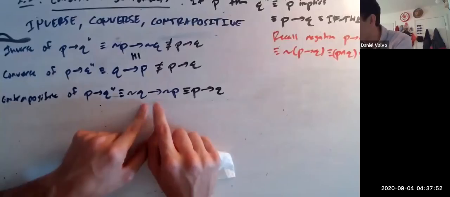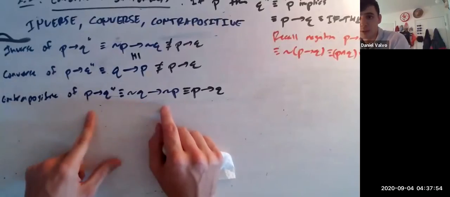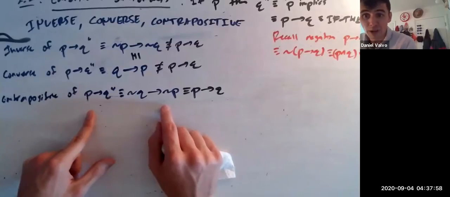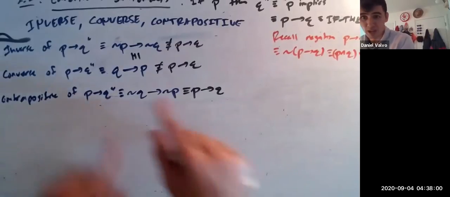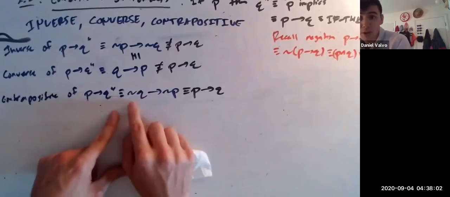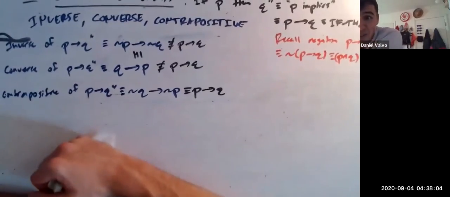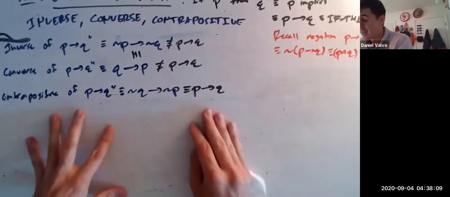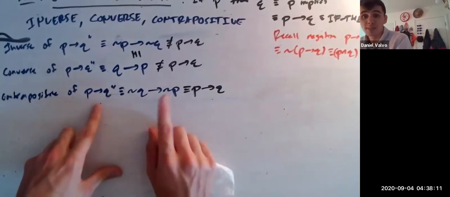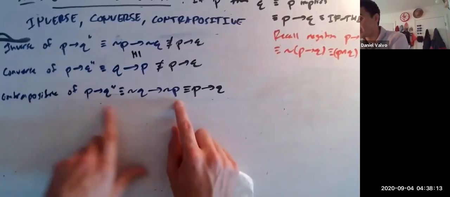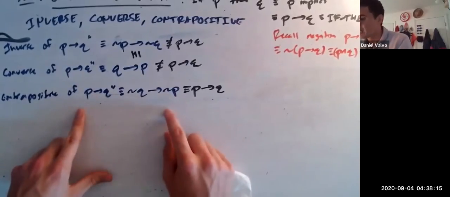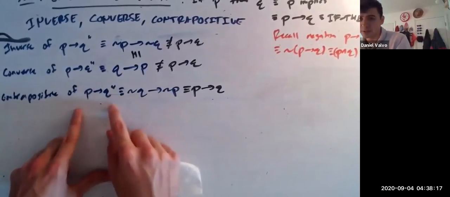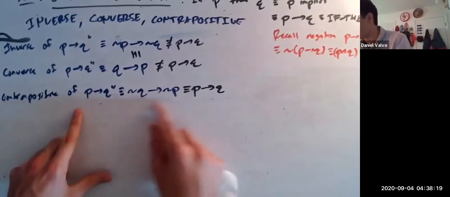It's not entirely obvious that not Q implies not P is the same thing as P implies Q. And so here's where, like I told you before, the reason you can rewrite a statement using the equivalences, like we had our laws, is because sometimes it's easier to prove the truth of one than the other. This is one where that can really be true. Sometimes it's a lot easier to prove this than it is to prove this. Even though they're equivalent, it might be a lot easier to see this solution than this solution. Which is interesting.